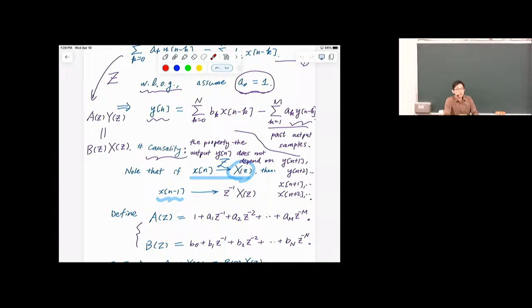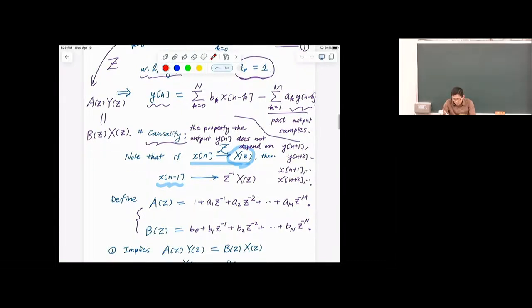Causal is the adjective, causality the property. Causality means that every present sample depends only on values that we already calculated in the past. It doesn't depend on the future, because if it does, then this system cannot be implemented in time.